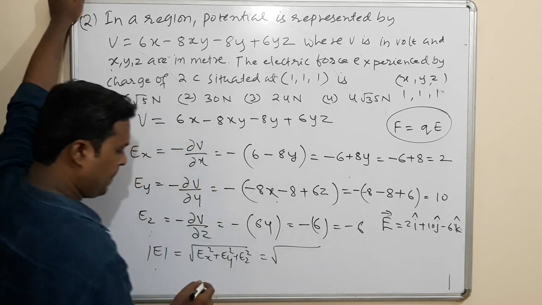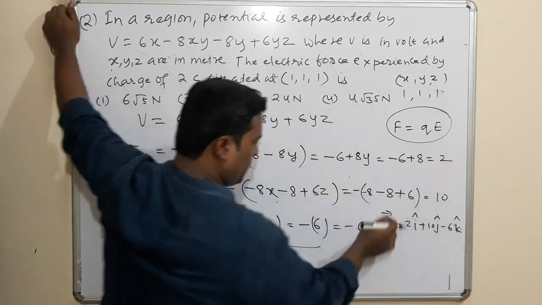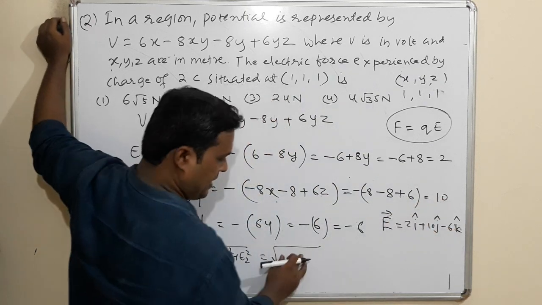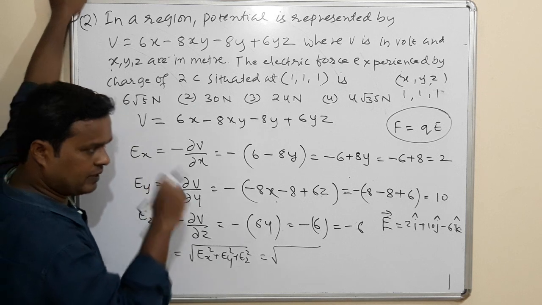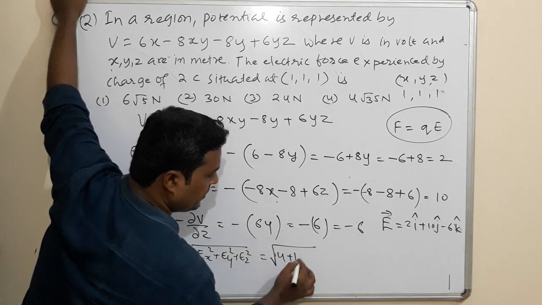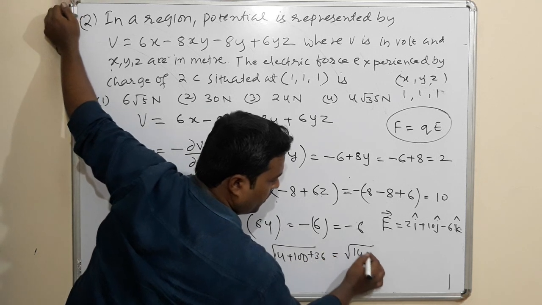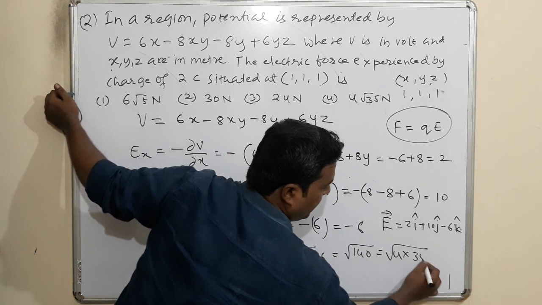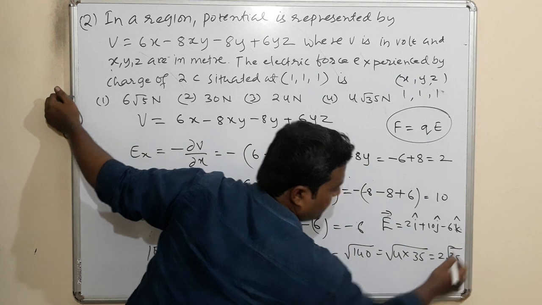Ex square is 4, plus Ey square is 100, plus Ez square, minus 6 square, is 36. Then it will be 4 plus 100 plus 36, which is 140. I can write this as 4 into 35. This will be 2 root 35, which is my field.